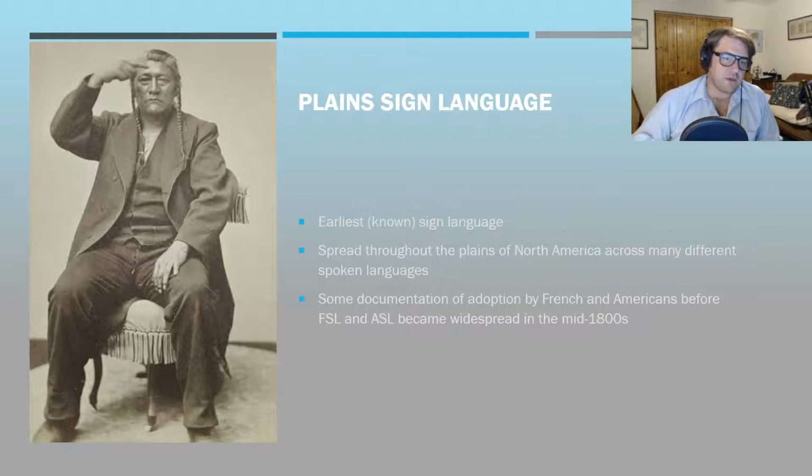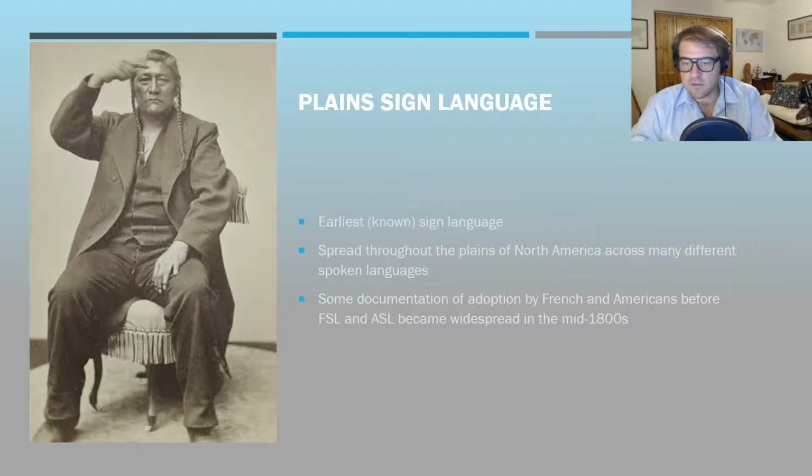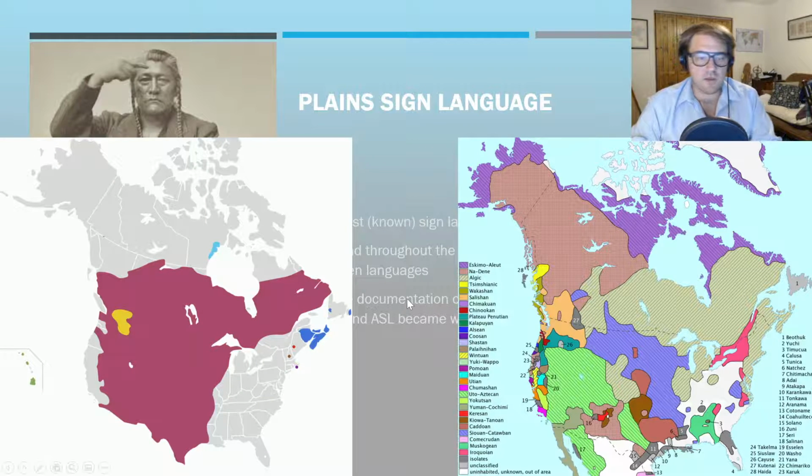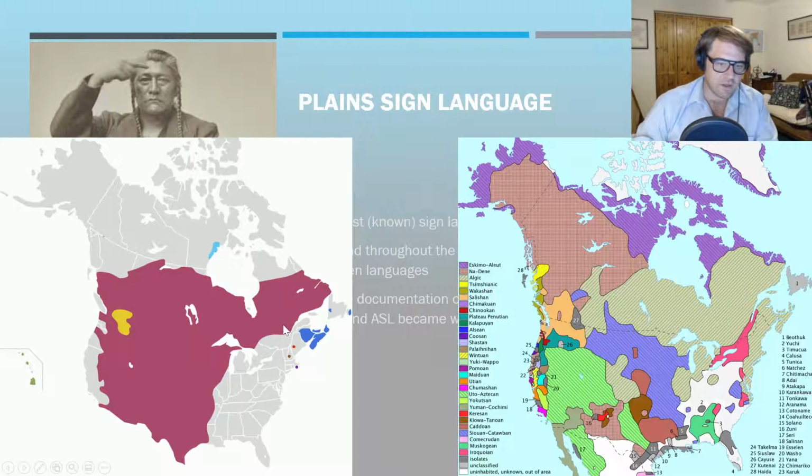Well, first of all, because, like I said, deaf members of these Native American groups did use it to communicate with each other and the rest of their tribe and other tribes, etc. But also, when French and Americans did come over to the continent, you can see that it's up here in like New England area, Labrador type area too. Not New Canada, New France.